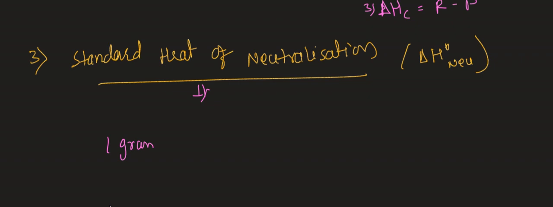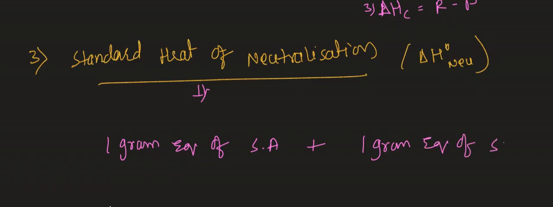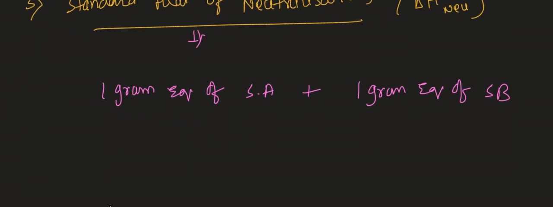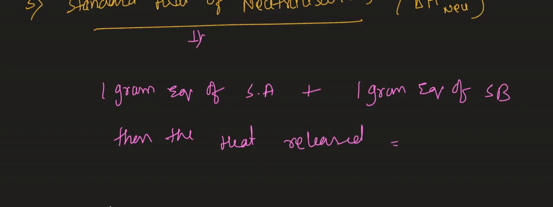When 1 gram equivalent of strong acid reacts with 1 gram equivalent of strong base, the heat released is minus 13.7 kilocalories.